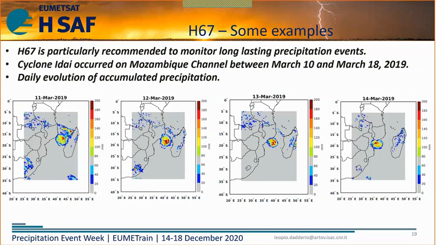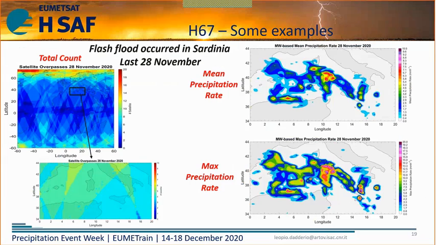In this plot, we can see the daily evolution of accumulated precipitation from March 11th to March 14th, and you can see both the movement of the precipitation system and also the amount of precipitation provided by H67.